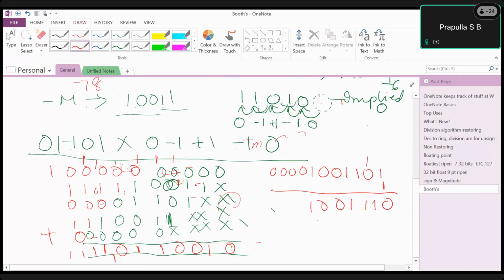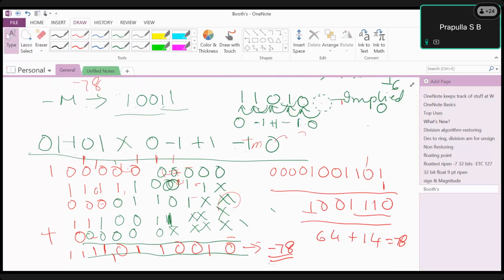Anyhow, all these are zeros. Now check whether you get this answer correctly. This part is 14, this is 64, 64 plus 14 is 78, so this is -78, which is absolutely right. So this is about your Booth's algorithm.